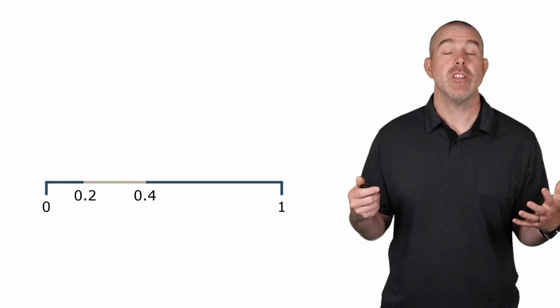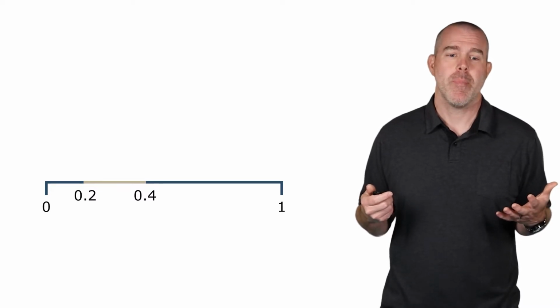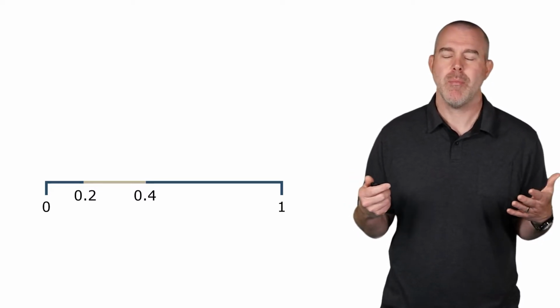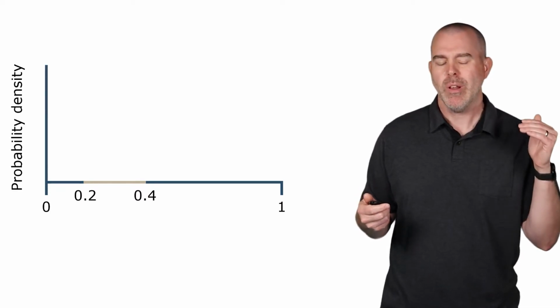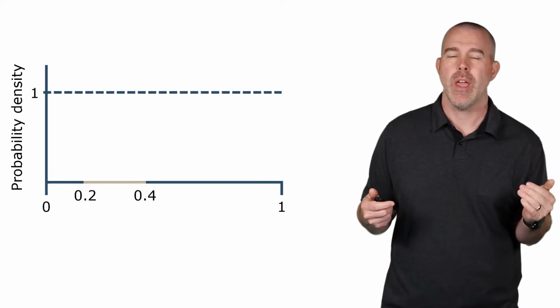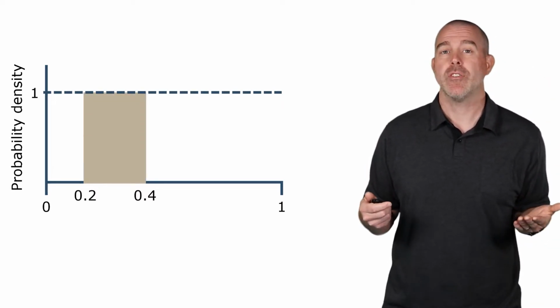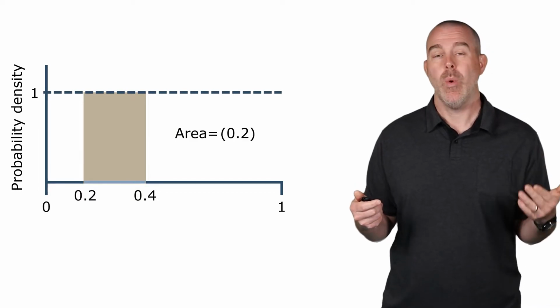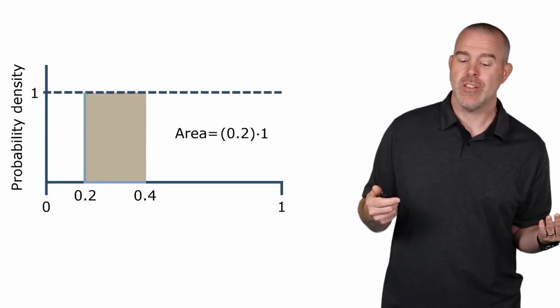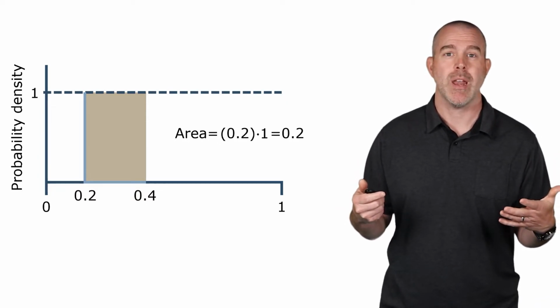Let's make a drawing of this one and try to get a probability density for this one. Since our number can be anything between 0 and 1, we really want to have a probability density that has 1 all the way across. That way, when we compute the area, we have this rectangle. Its width is 2/10, its height is 1, and so the area there is 2/10, which is that corresponding probability.